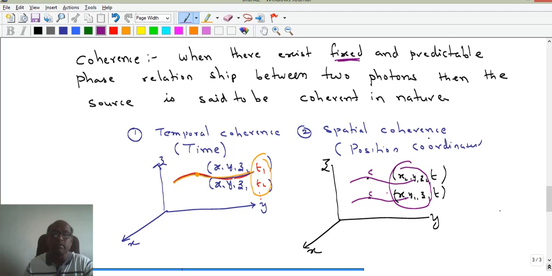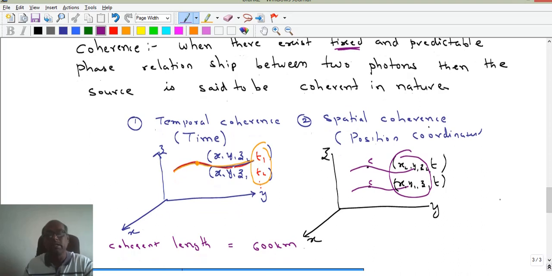That's why it is called spatial coherence. The question is how long they will maintain the same phase and same amplitude; that is called the coherent length. In the case of a helium neon laser, the coherent length is 600 kilometers.